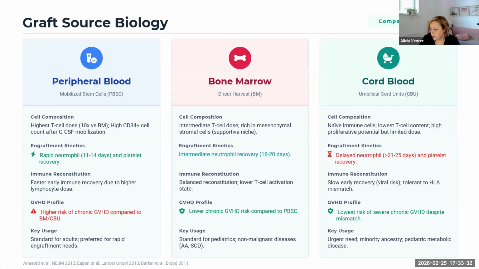And for minority ancestry, yes, maybe not in South Africa, and other such cases. So this is just a quick summary slide, because all of the sources that I mentioned before this slide, there will still be that option between PBC or bone marrow or cord. So keep that in mind. For the ADCUs, from the products that are currently banked called ADCUs, as far as I know, all of them are PBC.